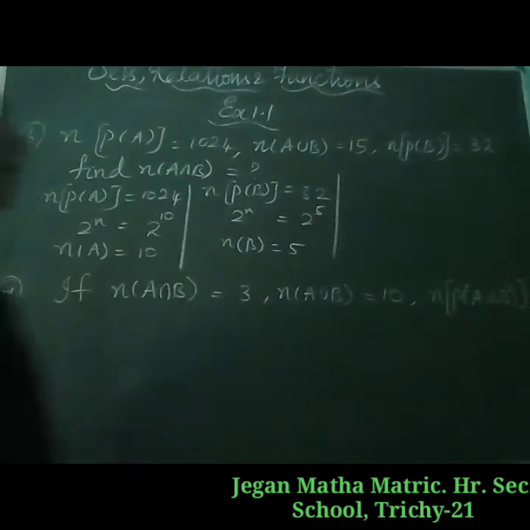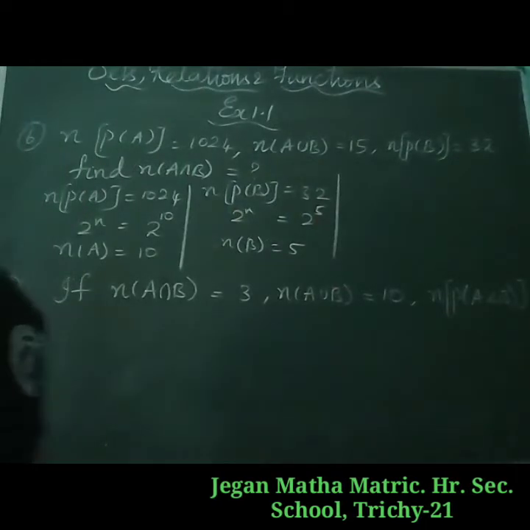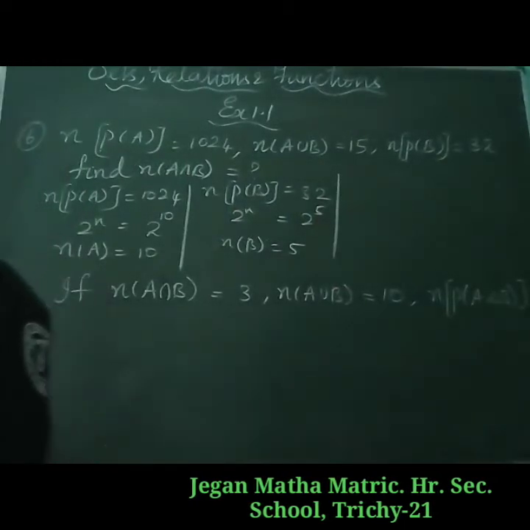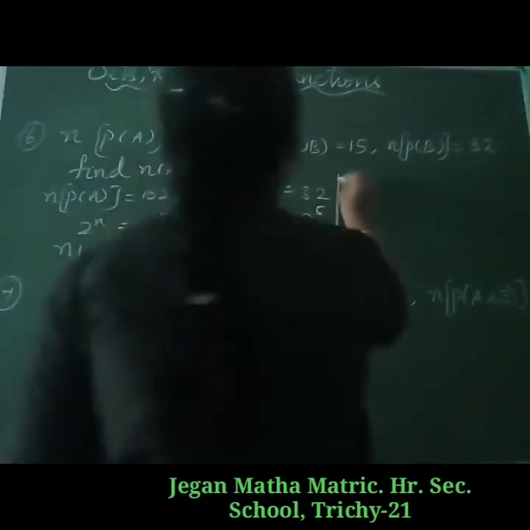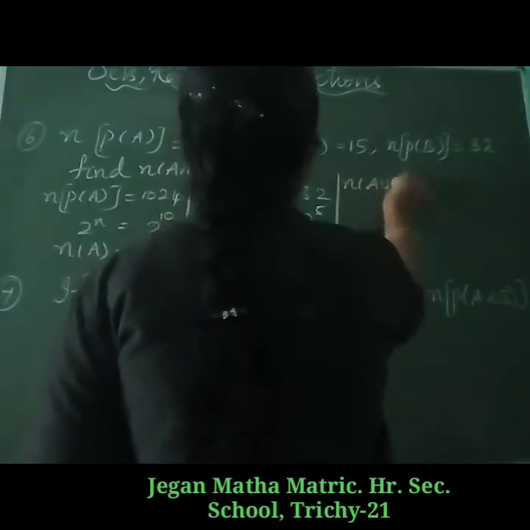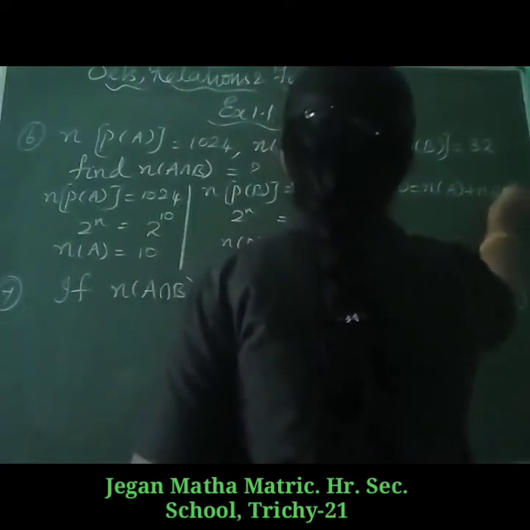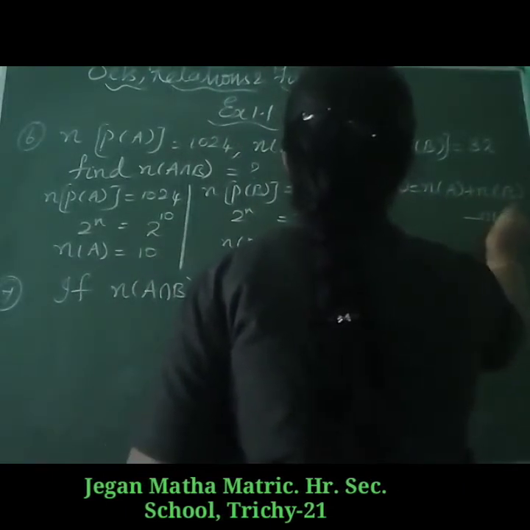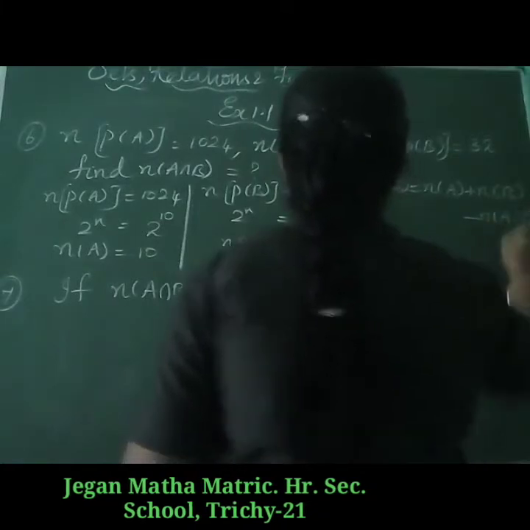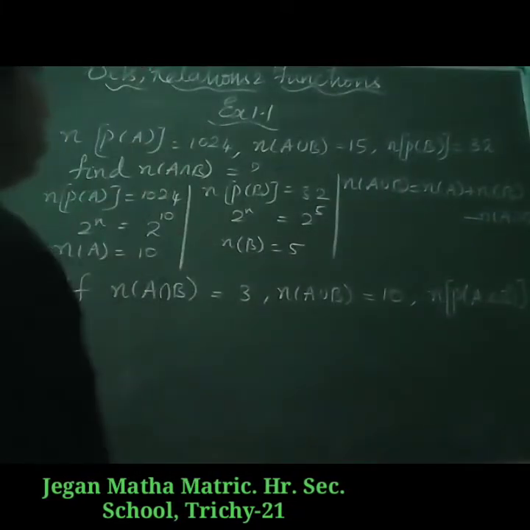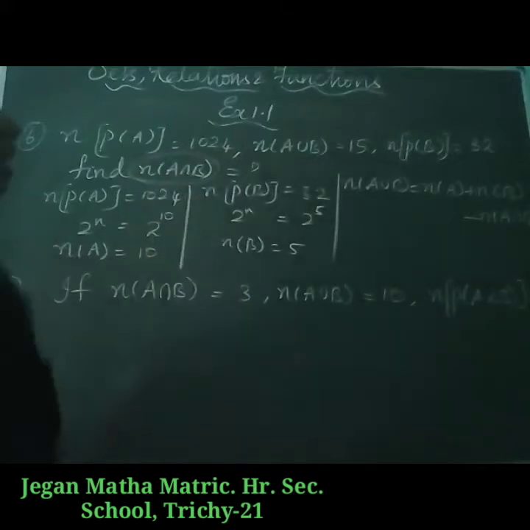You know one formula with the union and intersection, already we have studied. That is n(A union B) is equal to n(A) plus n(B) minus n(A intersection B). Here we want to find out n(A intersection B).